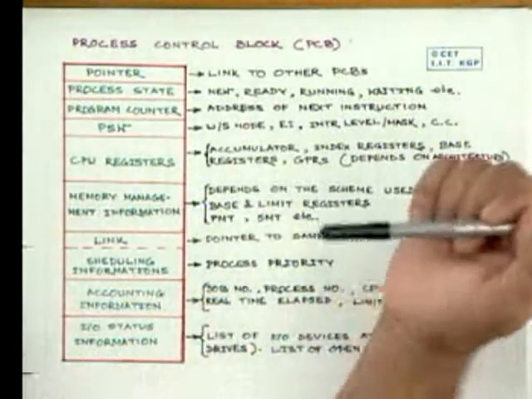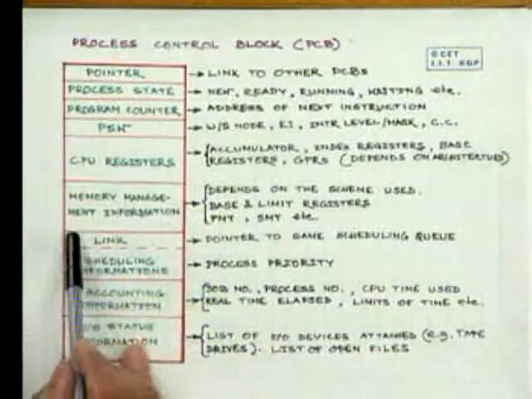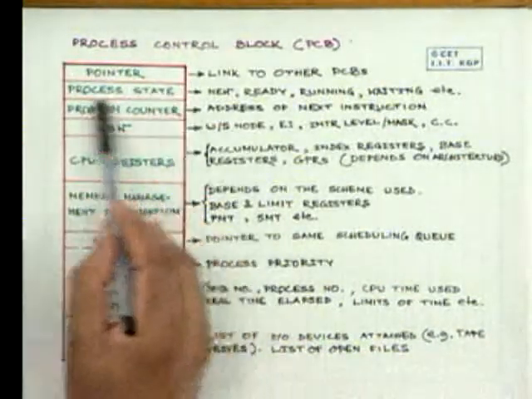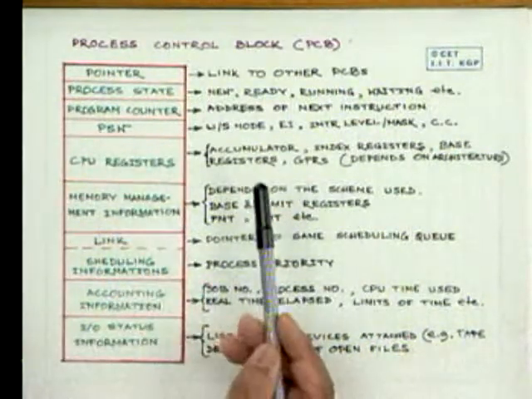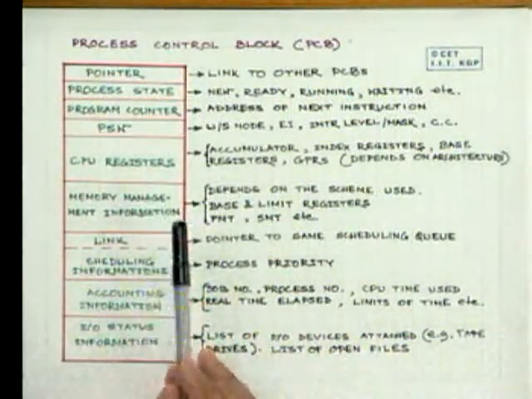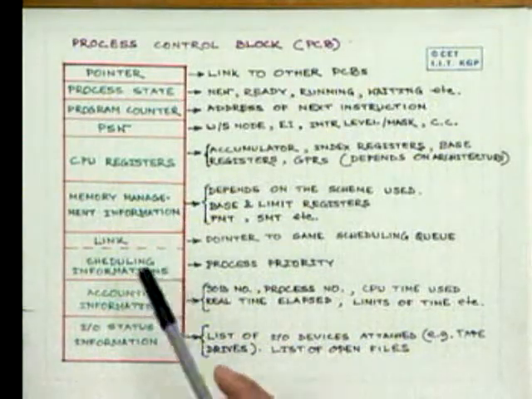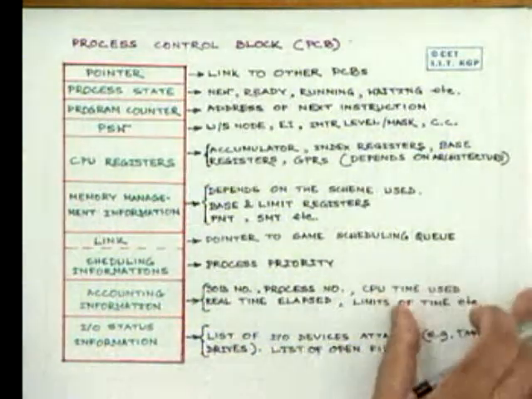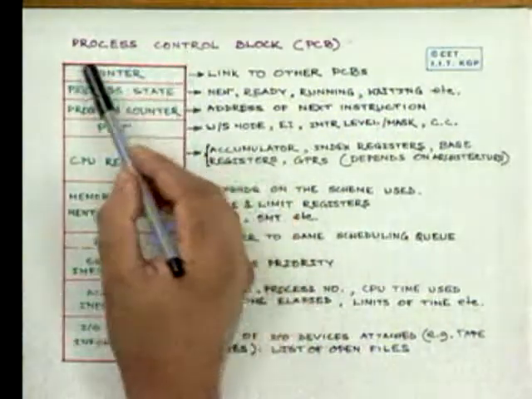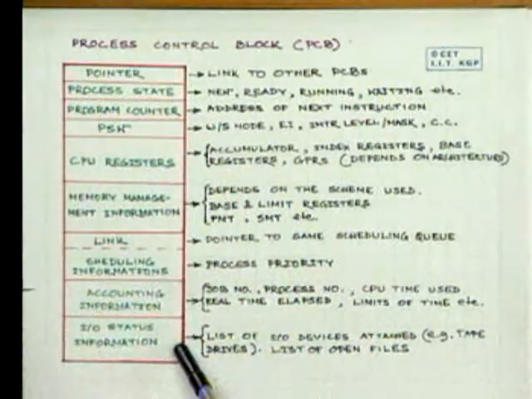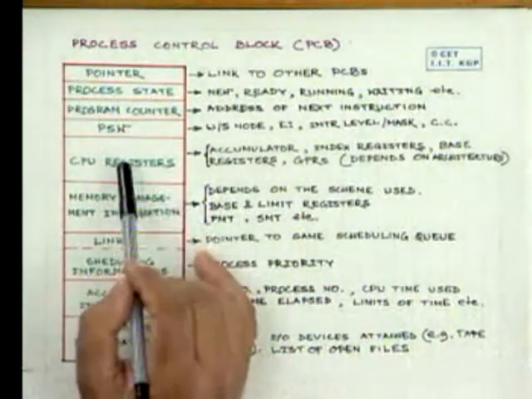Only then can the second process start executing. Therefore, this PCB also has the information needed when the process is switched from one state to the other, and that's why the process control block contains all the information regarding process management.